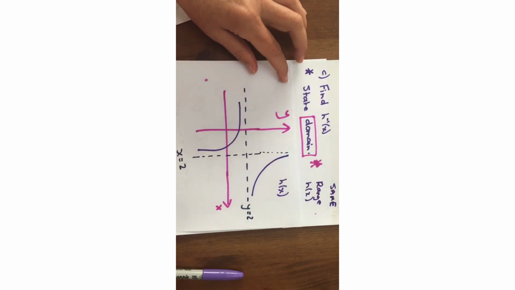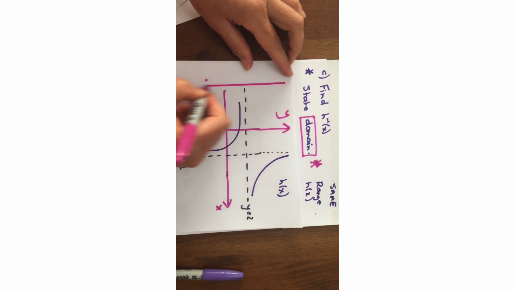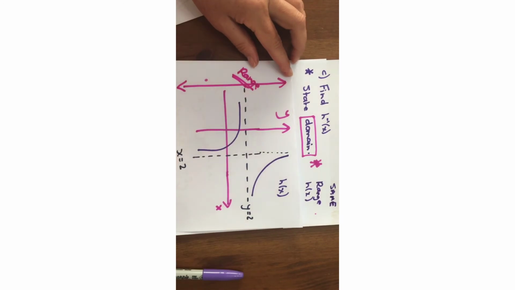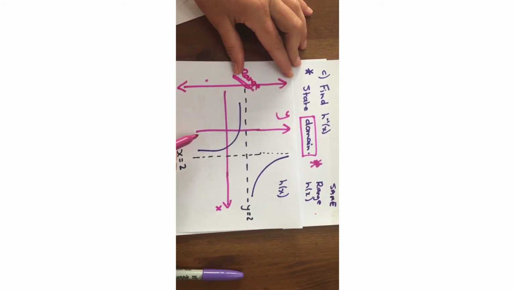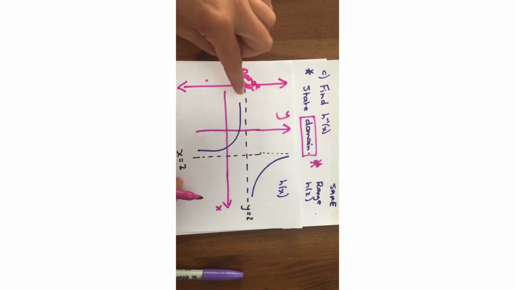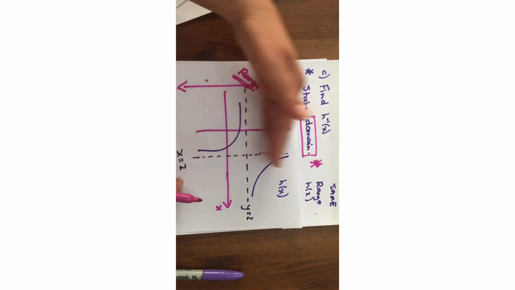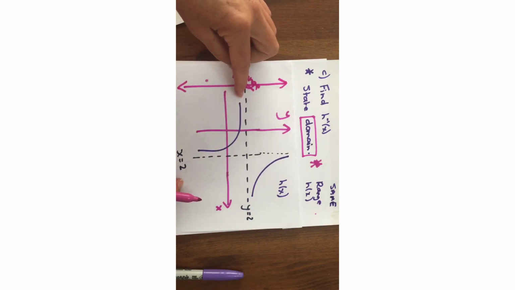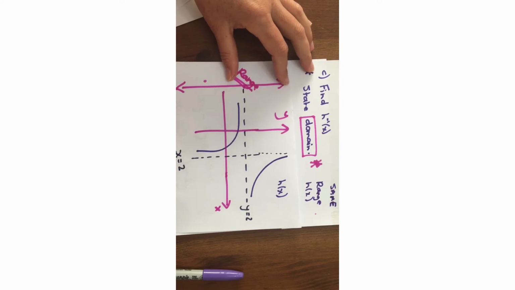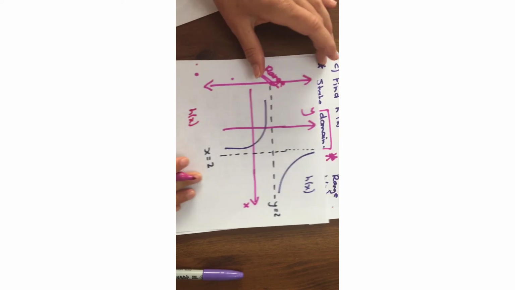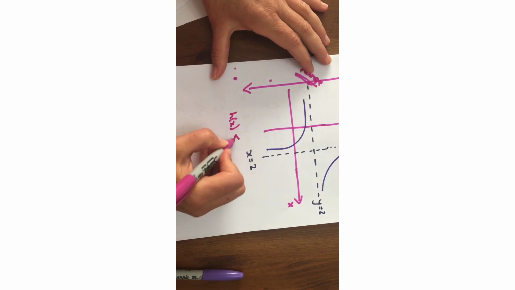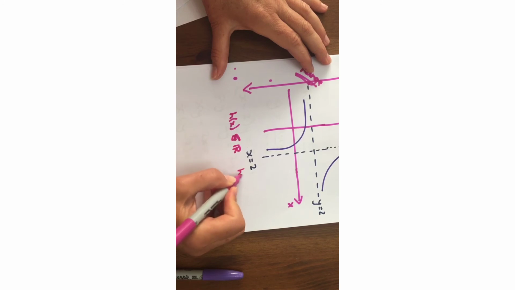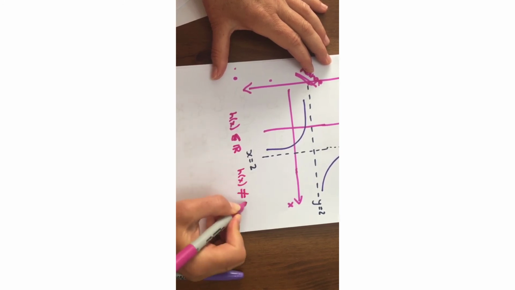So what's the range of this function? Well, the range goes this way. My range will be: h of x exists for all numbers apart from 2. So the range of h of x is all the real numbers, but h of x does not equal 2.